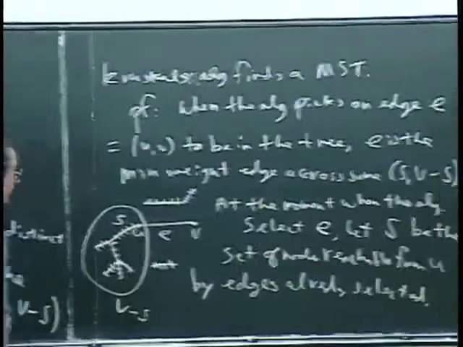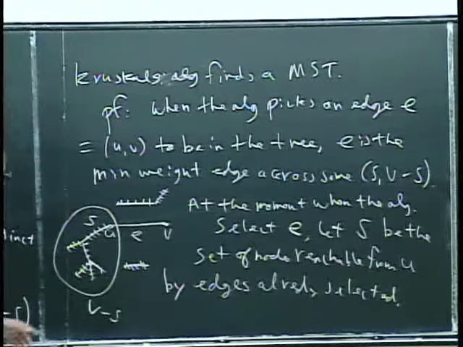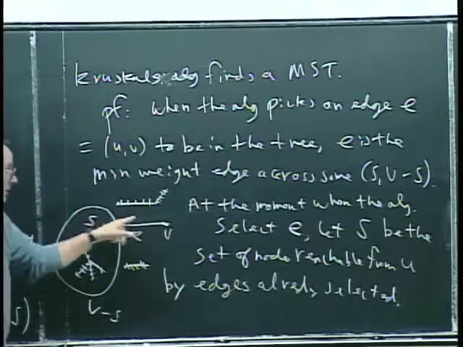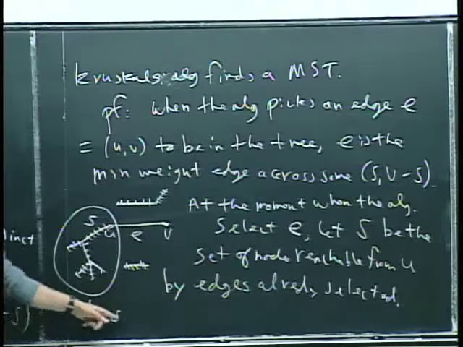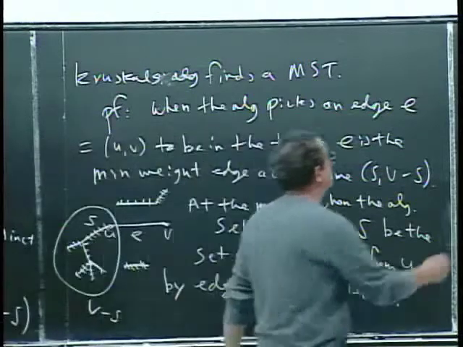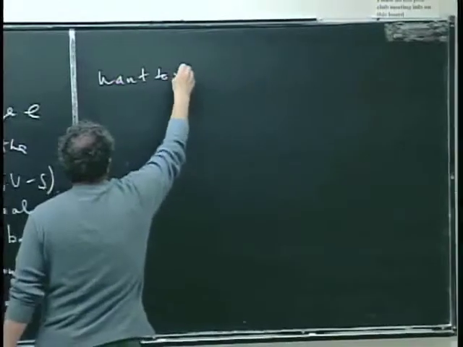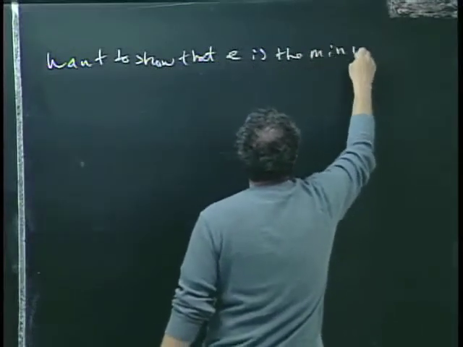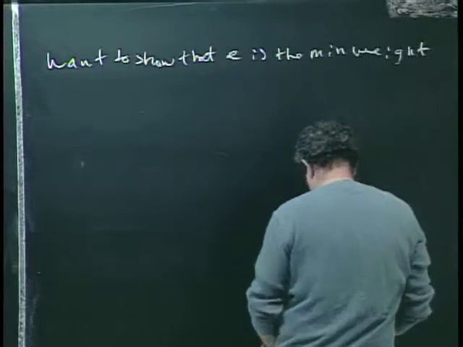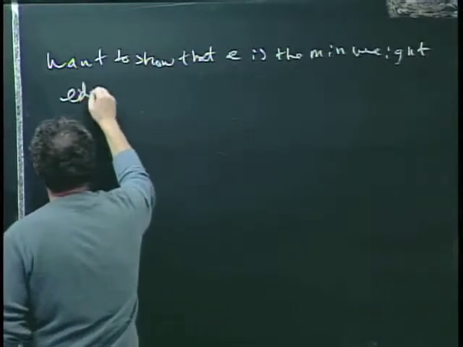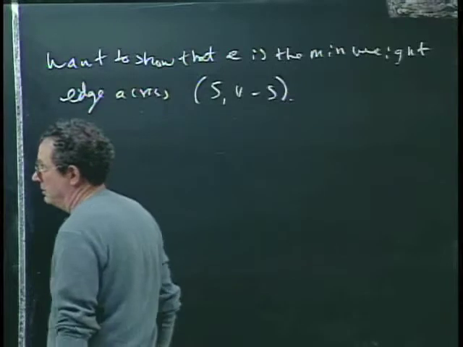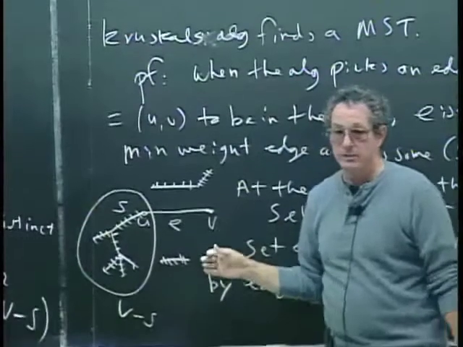So what do I want to prove about that? What I want to prove is that E is the minimum weight edge across that partition, from S to V minus S. Well, first of all, is E across S to V minus S?